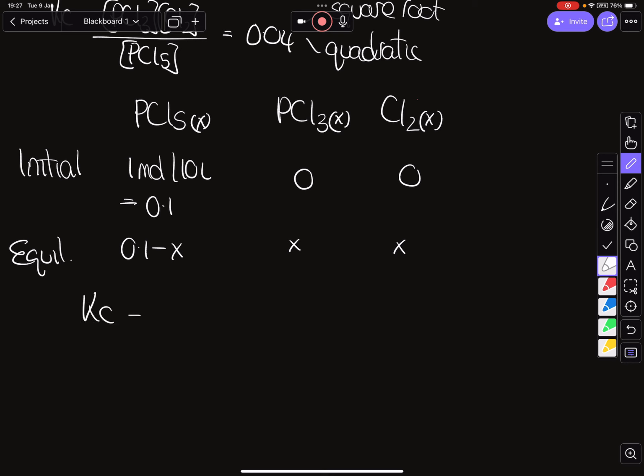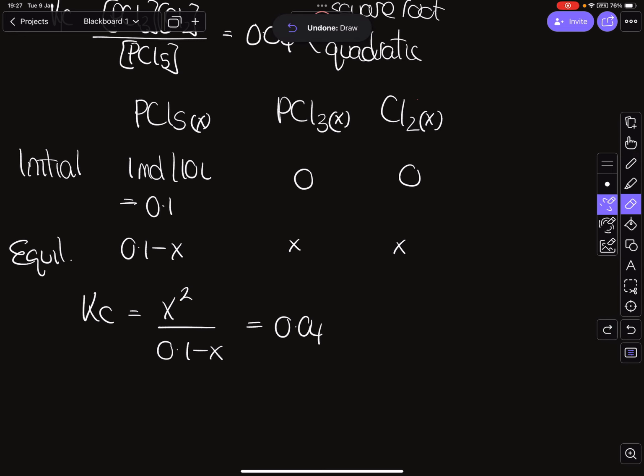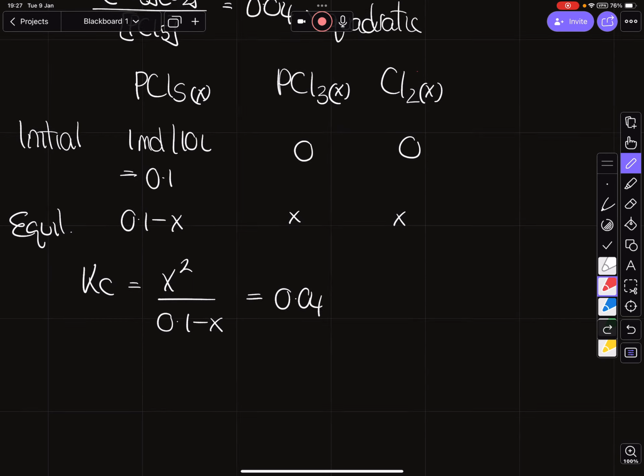So it now is going to look like x by x, which is the same as writing x squared, all over 0.1 minus x, and that is going to be equal to 0.04. So straight away, even though I have a square root, I can't square root this because I have nothing here, and that's the giveaway for using your quadratic formula.